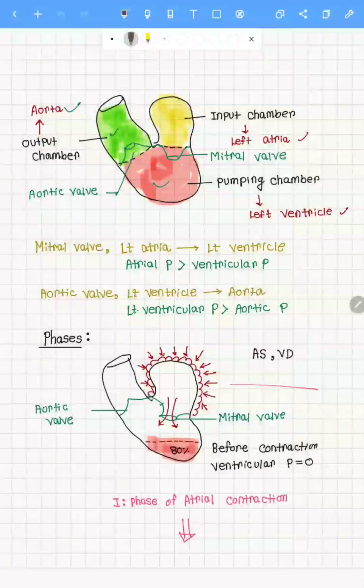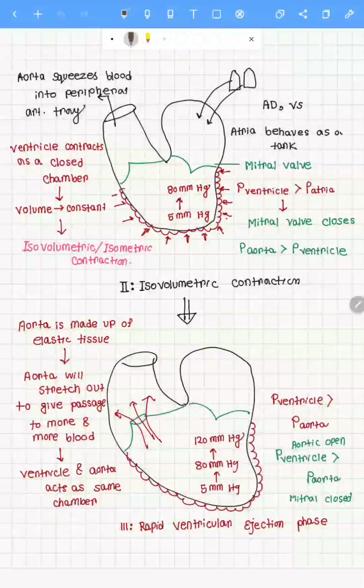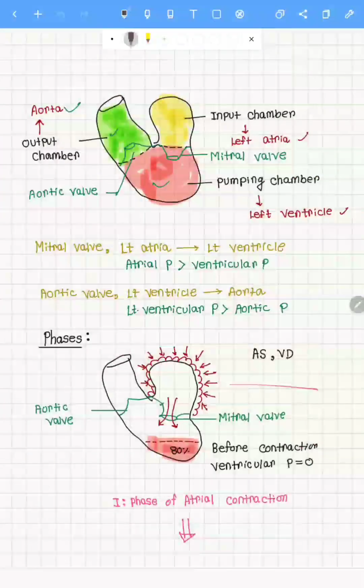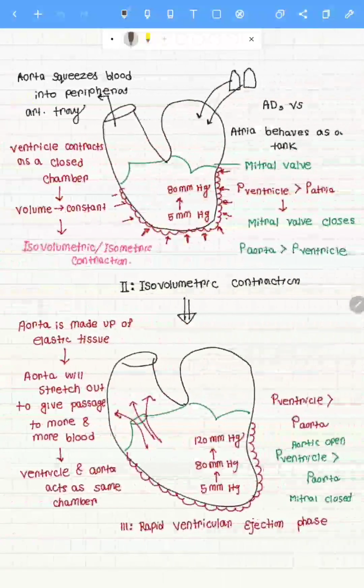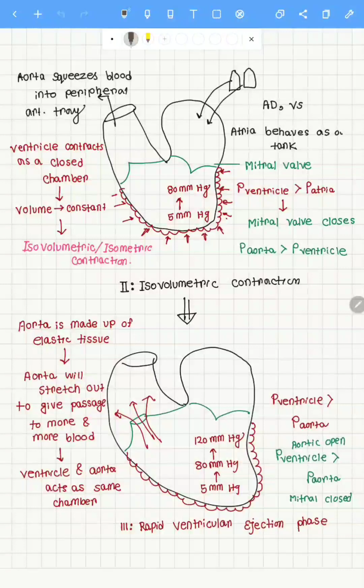So this phase was the phase of atrial contraction. In atrial contraction, the mitral valve was open. At the end of atrial contraction, the mitral valve closes. And this closure of the mitral valve produces a sound which is called the first heart sound, or S1. So S1 is produced at the end of atrial contraction or at the beginning of isovolumetric contraction.